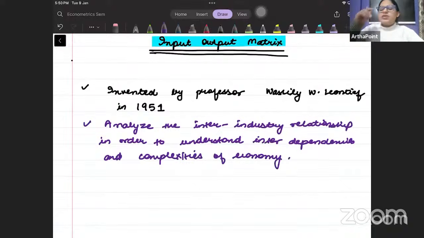So we want to understand how economies are related to each other. कैसे एक economy दूसरे economy से, कैसे एक industry दूसरे industry से related है, उसके लिए हम एक matrix बनाते हैं. उसको ही हम input output matrix बोलते हैं, और उसी पे हमारा ये model based है, input output model.